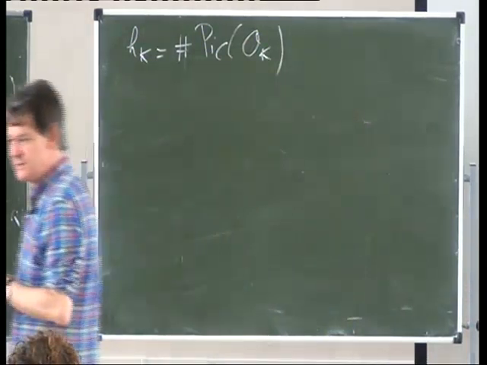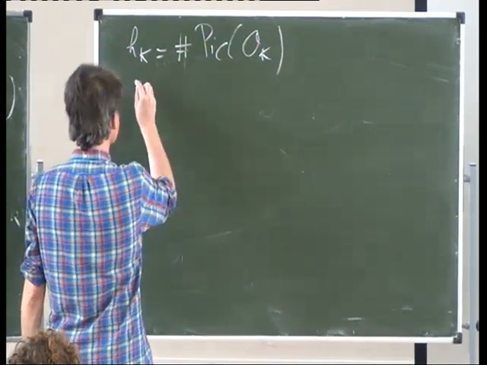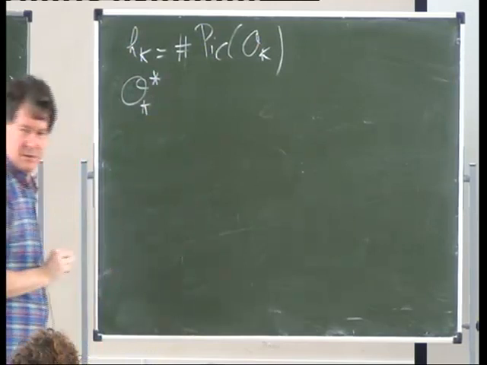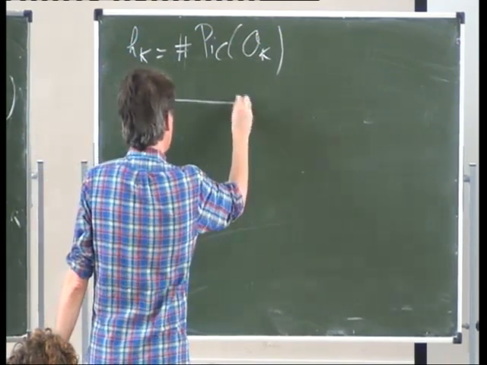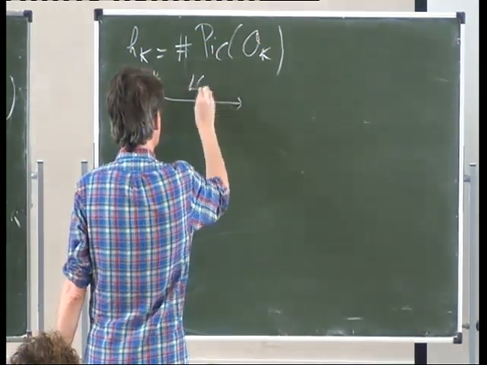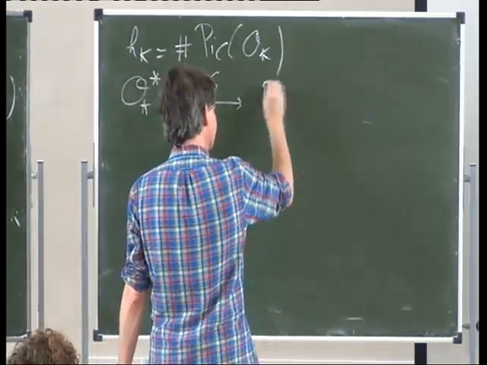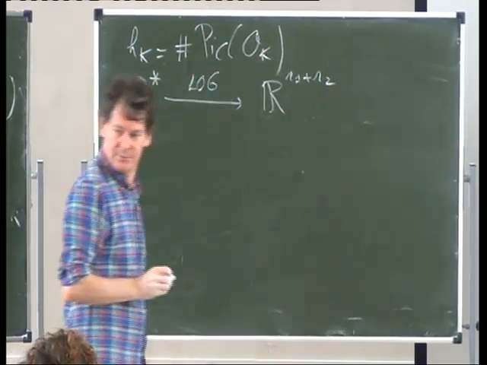So in general, what is called the regulator is the volume of some lattice. So I need to define what is the lattice I'm considering. The lattice to be considered is the group of units, which you can map by a map I will call log into, well, first you map it into R to the R1 plus R2.